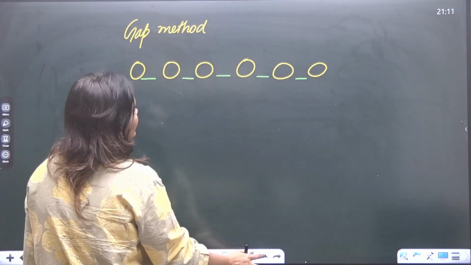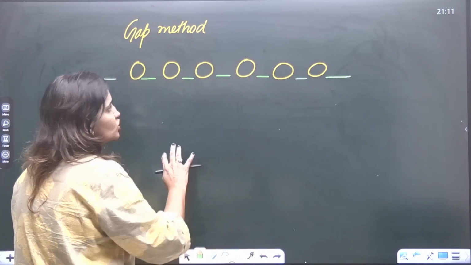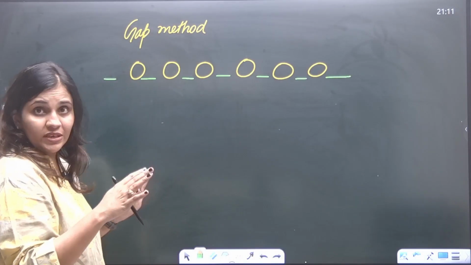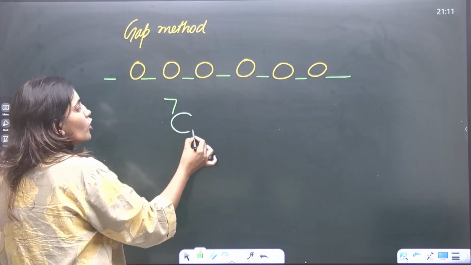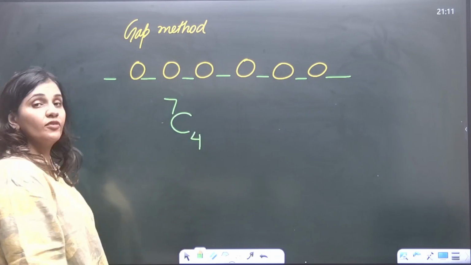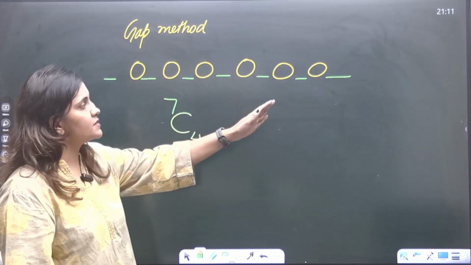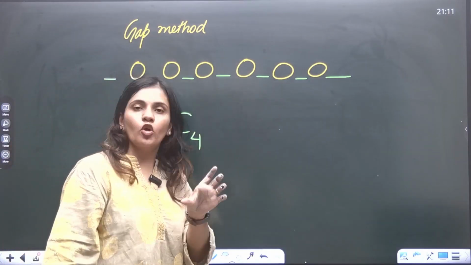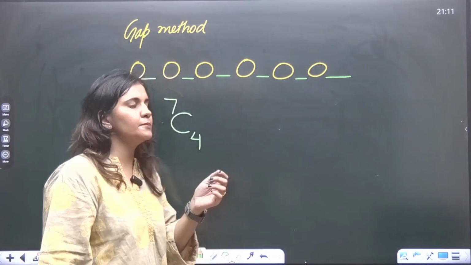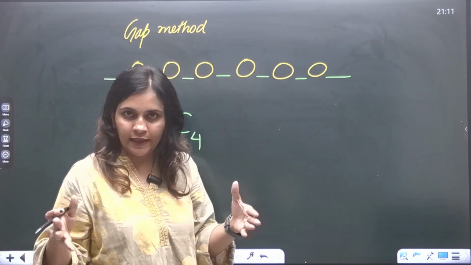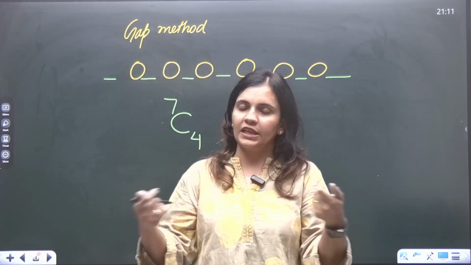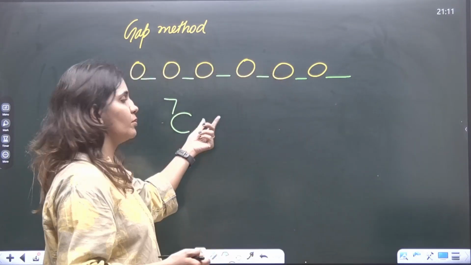So basically, in how many ways can I arrange 4 1s in these 7 gaps? I have to select 4 gaps out of these 7 gaps so that I can arrange 1s. Now, because the 1s are all alike, there is one way of arranging them, so there is no requirement of doing 4 factorial.